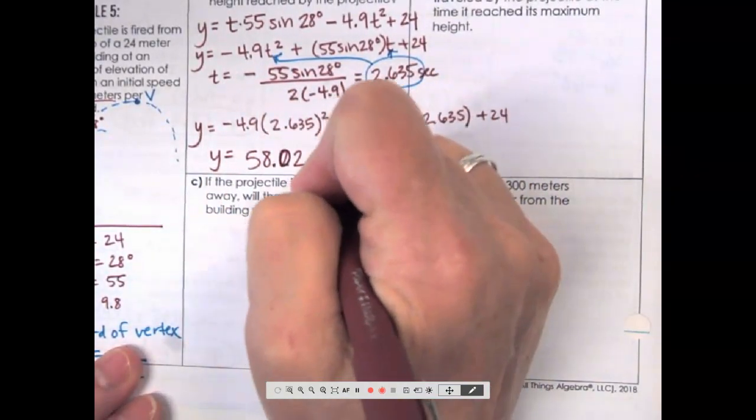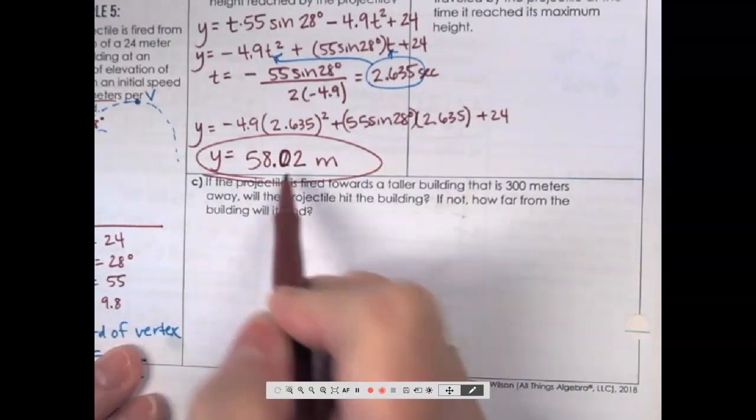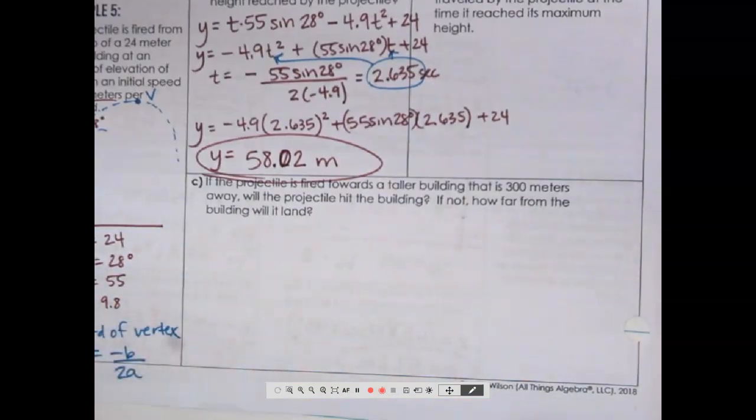And that is meters. So 58 meters is the maximum height.